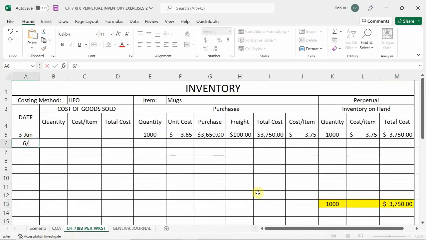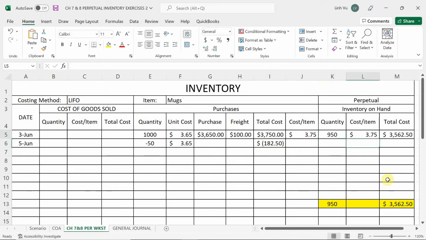So it's June 5th, right? We returned 50 units, and we ended up returning a total of $182.50. Because this belonged to the very first batch, how much do I actually have on hand in quantity? 950. 950, right?